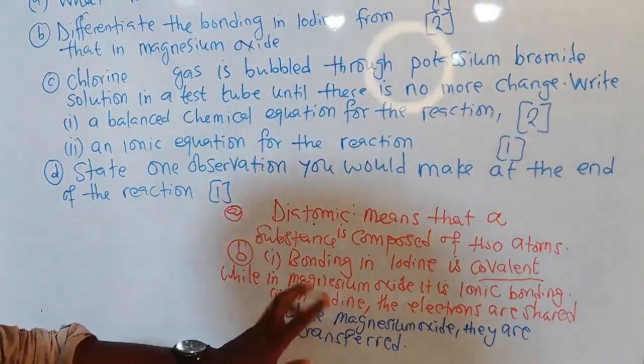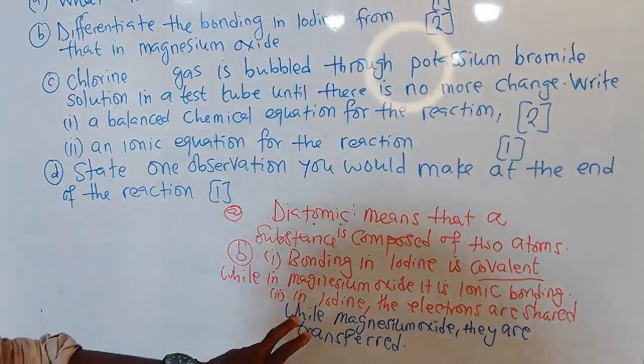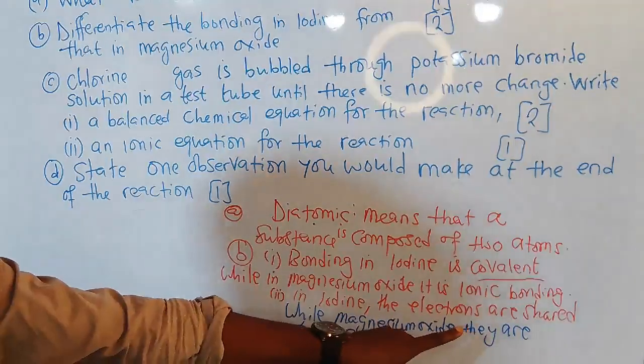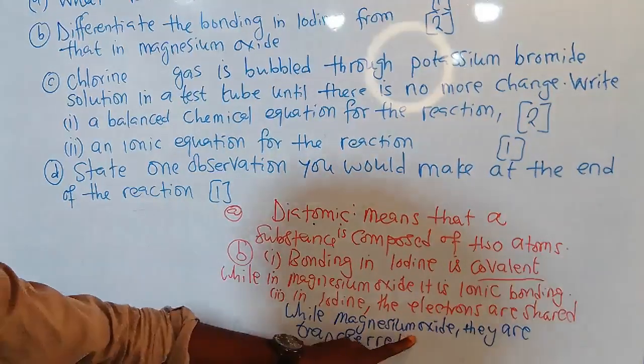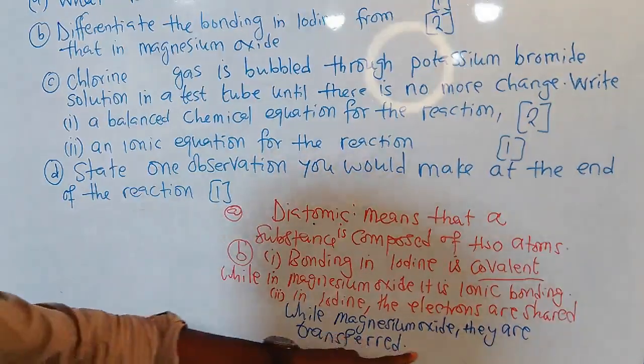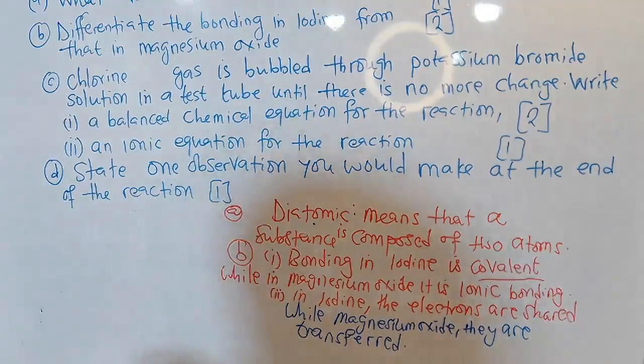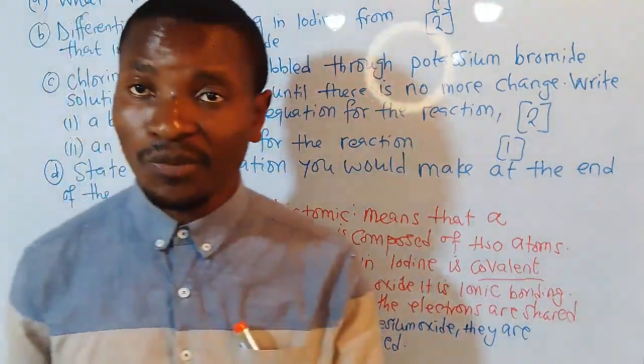The second differentiation is that in iodine the electrons are shared, while in magnesium oxide they are transferred. That's the most important thing to understand.